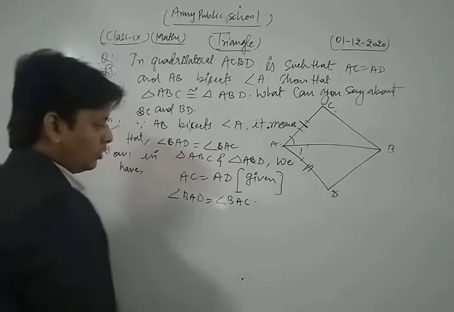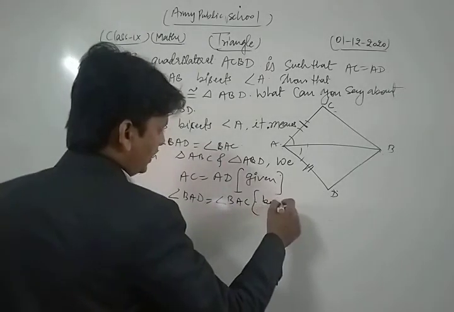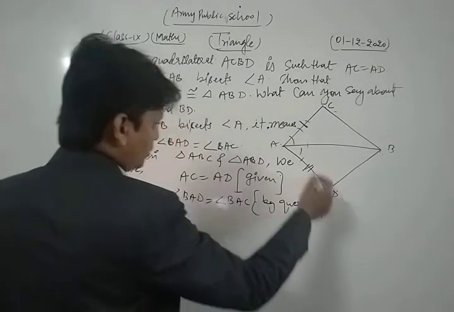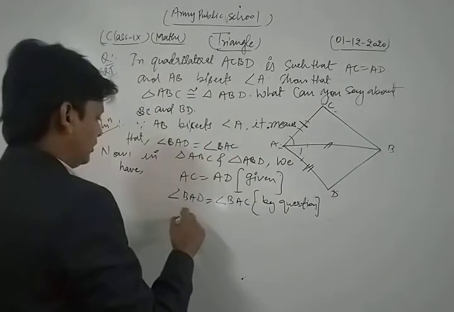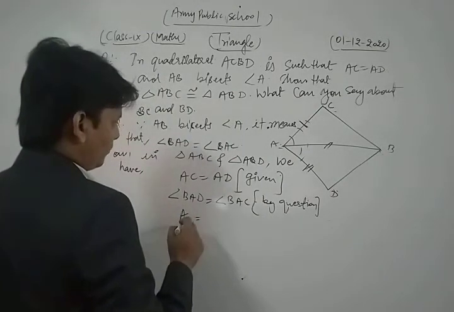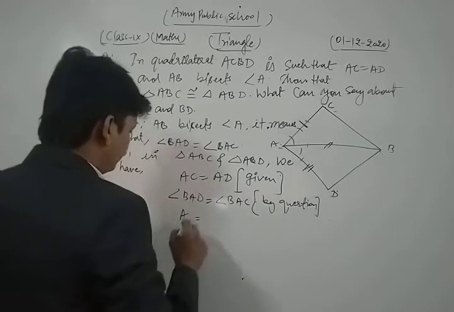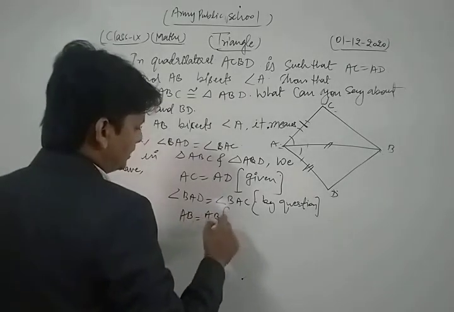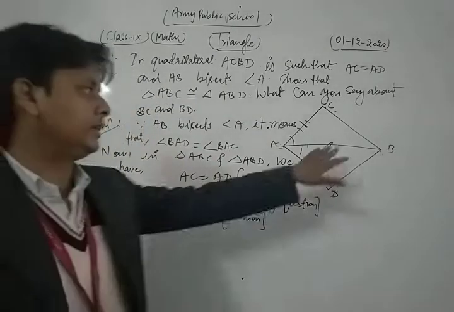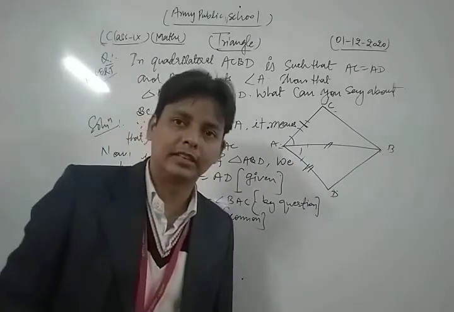This is also by the question. And AB is common in both the triangles. AB is equal to AB. This is the common side. Dear friend, AB is the common side in both the triangles.